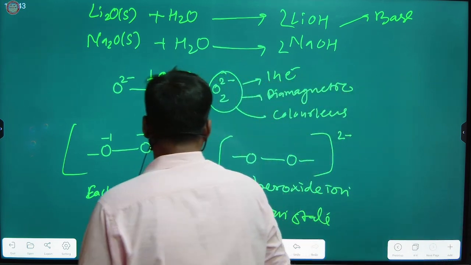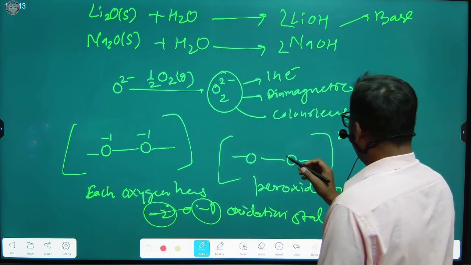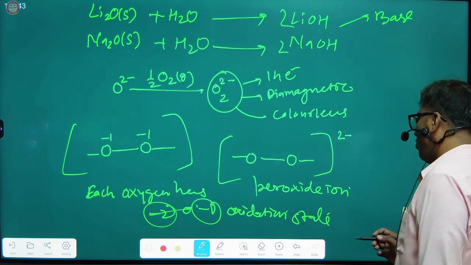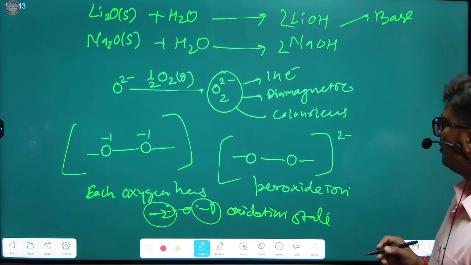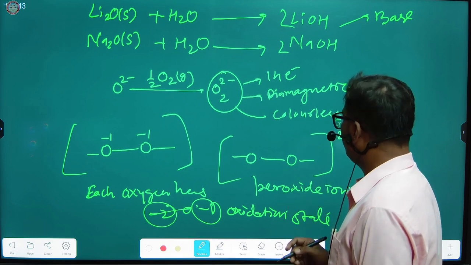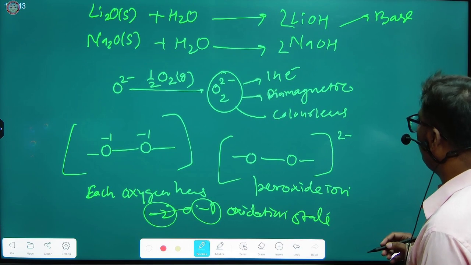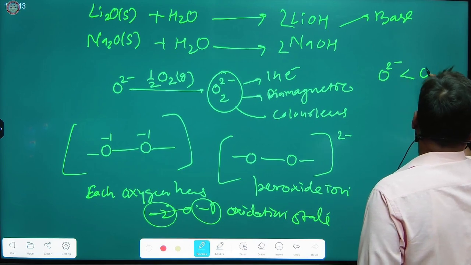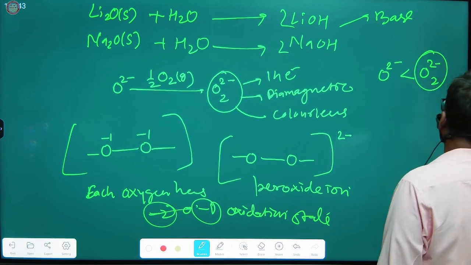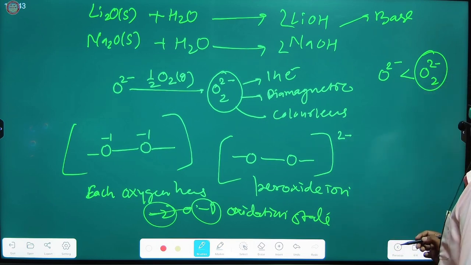What is the beauty of this peroxide structure? Due to the low charge on the oxygen atom, it will not be able to attract the lithium cation strongly, and the peroxide ion is larger than the oxide anion.